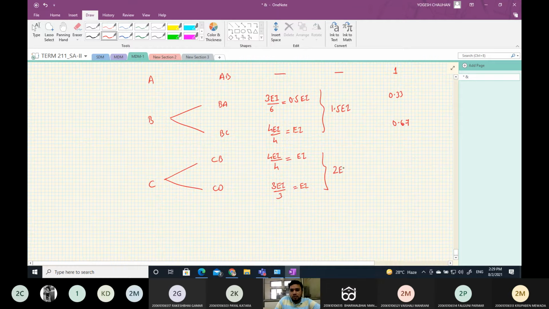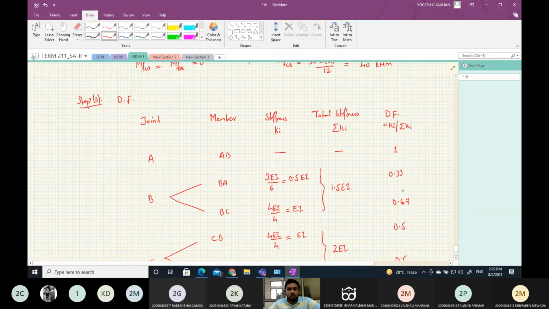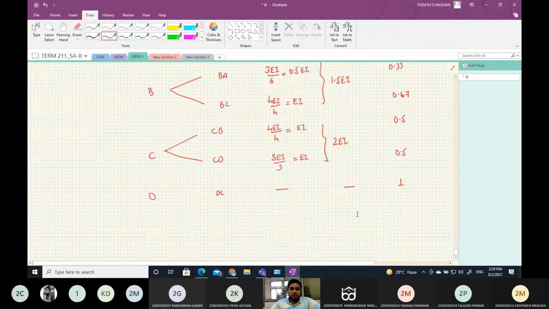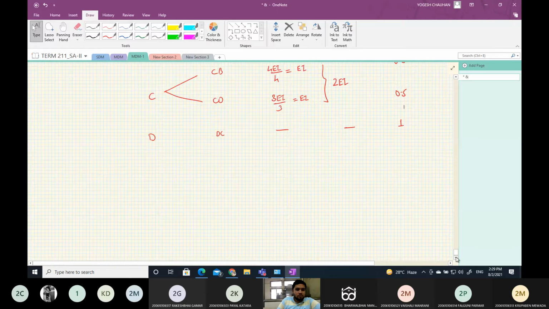This will be 2 EI, so this is 0.5 and 0.5. For D joint, it is connected to DC and the stiffness is 1. So now the distribution factor is 1. So now you have the distribution factors. Next step is moment distribution.